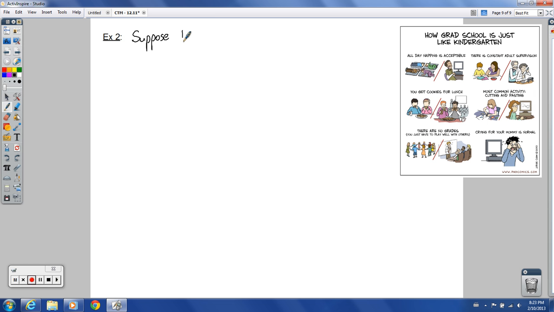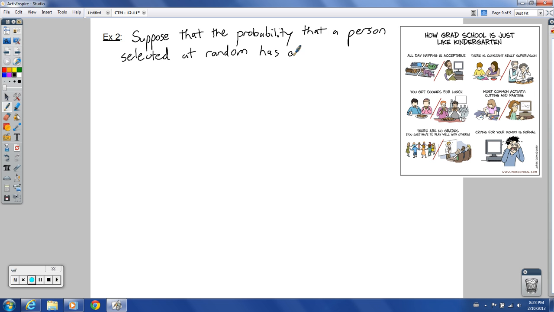So suppose, this is example 2, suppose that the probability that a person selected at random has a PhD is 1.27%.